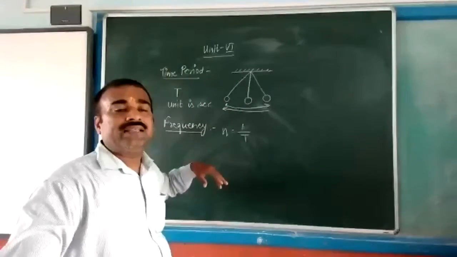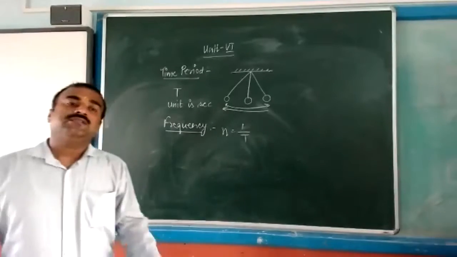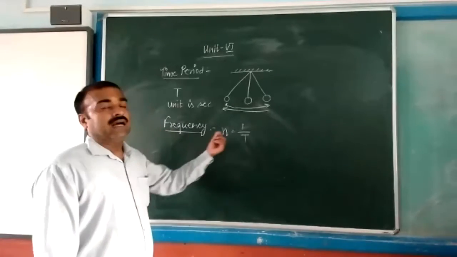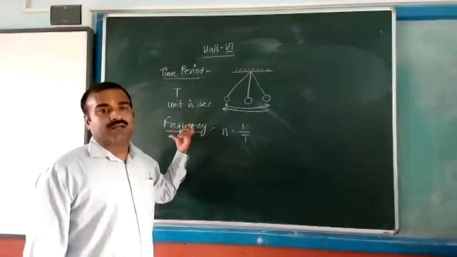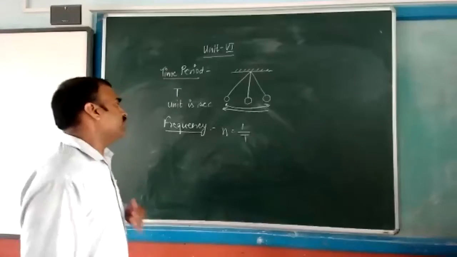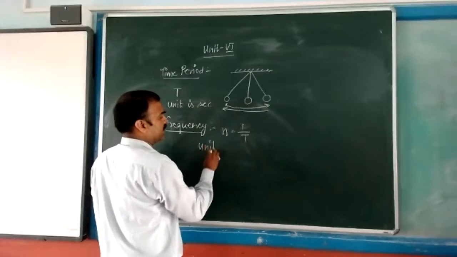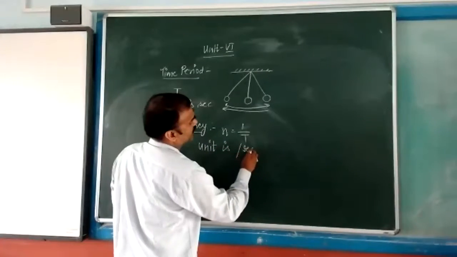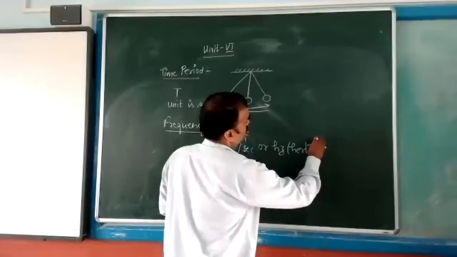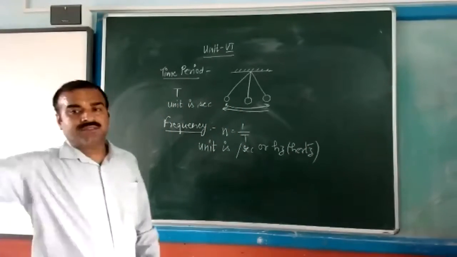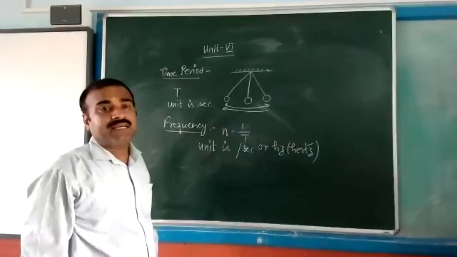The reverse of that, that means frequency is inversely proportional to time period. The number of oscillations done by the pendulum in 1 second is called frequency, and its unit is per second or Hz, hertz.